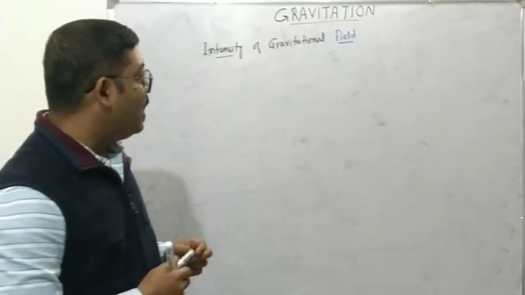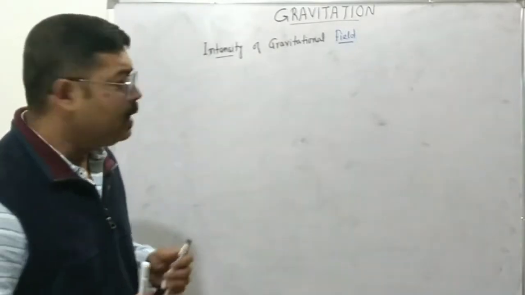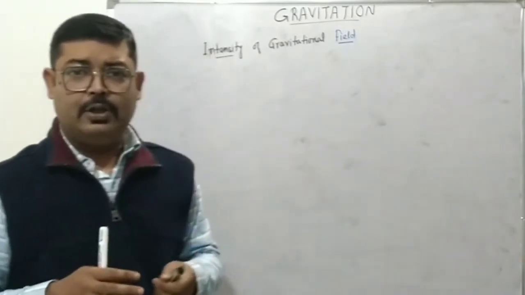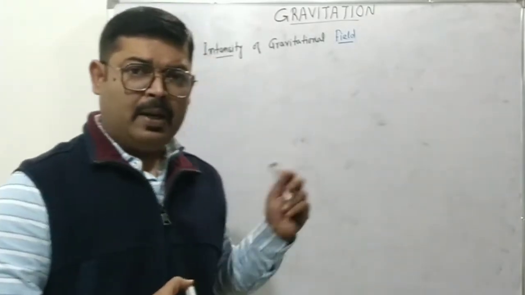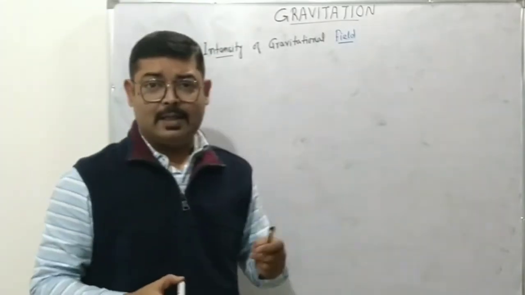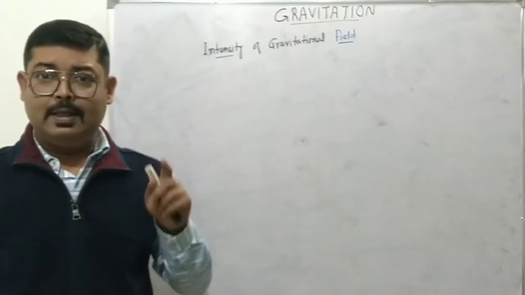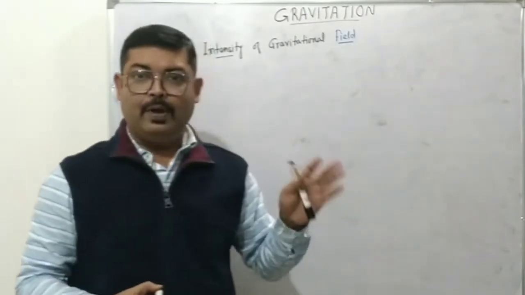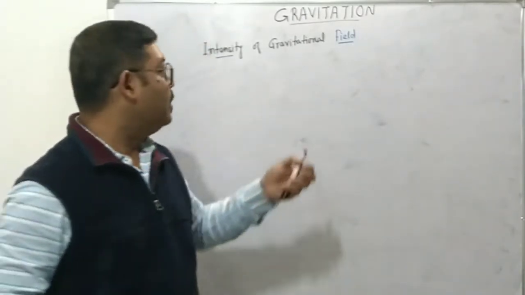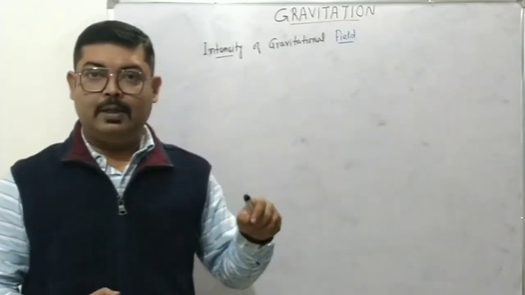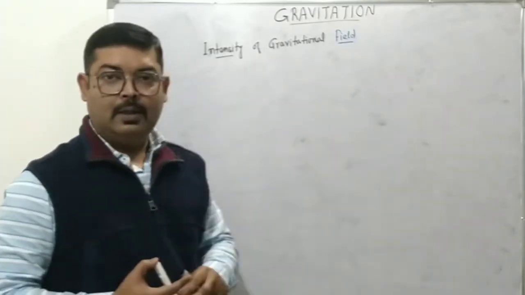See, what happens is that we know that the gravitational attraction of a body decreases as one by r square, where r is the distance of the point where we are calculating the gravitational force on an object by a given mass, right?